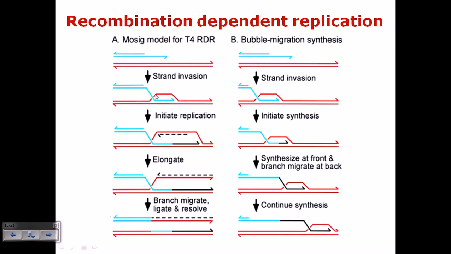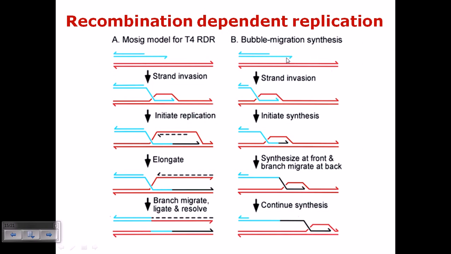After the invasion, it starts replicating at both ends. After the replication is done, there is branch migration and resolution of the Holliday junction, and what we get is two different genomes. But above all, this is possible because both DNAs have similar sequences. If they had different sequences, this may not be possible, right?